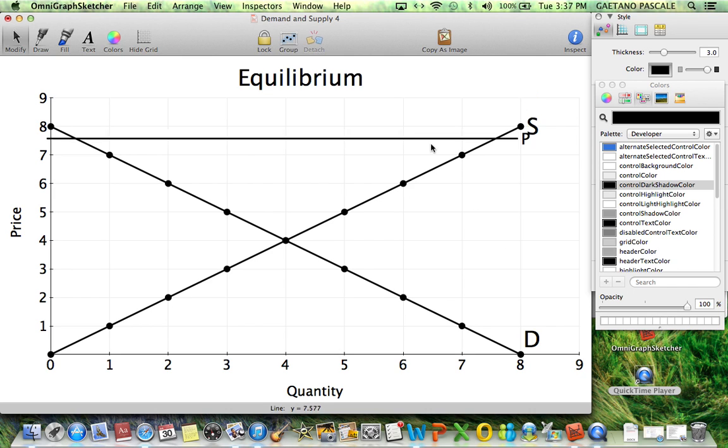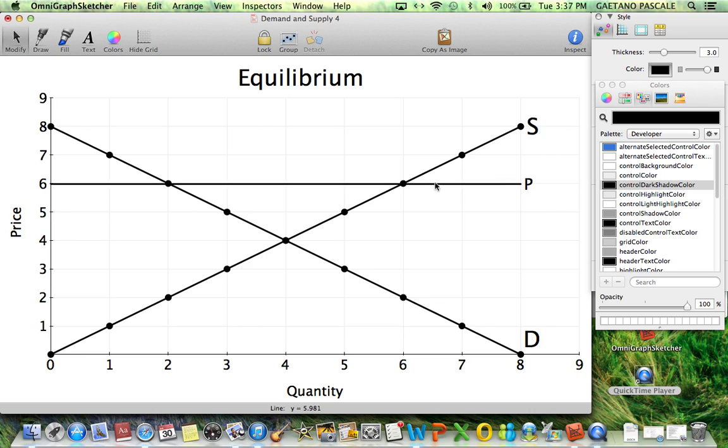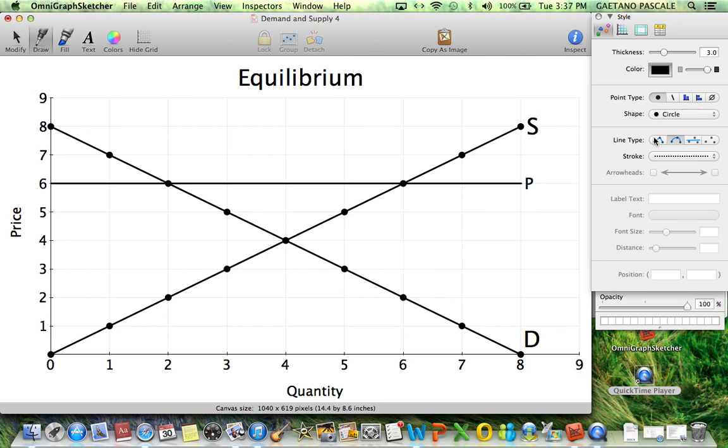Let's suppose that for some reason the price is above the equilibrium price. So the equilibrium in this marketplace would be a price of 4 and a quantity of 4. Let's take a look at what happens if a price of 6 occurs in the marketplace. So if we go from that price of 6 straight across, the first thing we hit is demand.